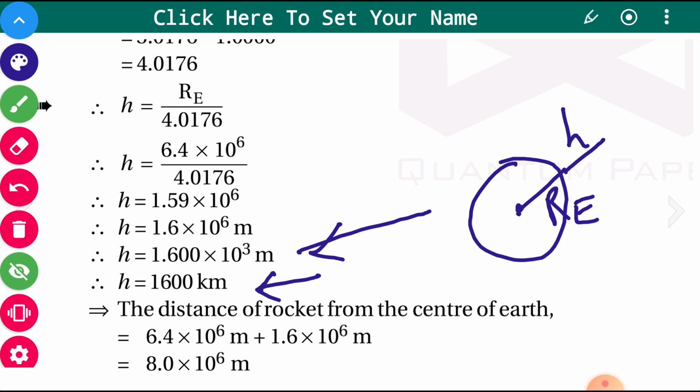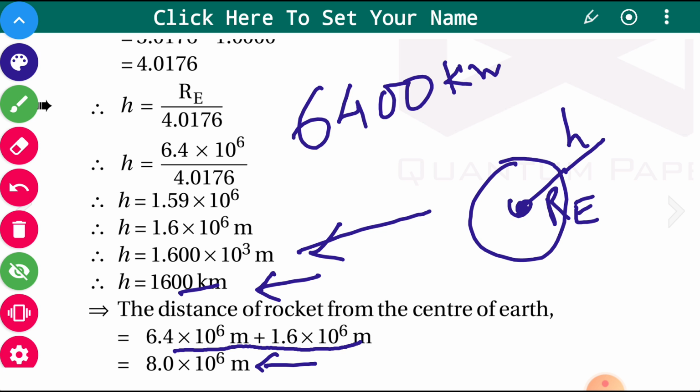So total distance the rocket is from the center will be 6400 kilometer plus 1600 kilometer, and that will be 8000 kilometer, or we can say 8 into 10 to the power 6 meter, whichever way you want to write.